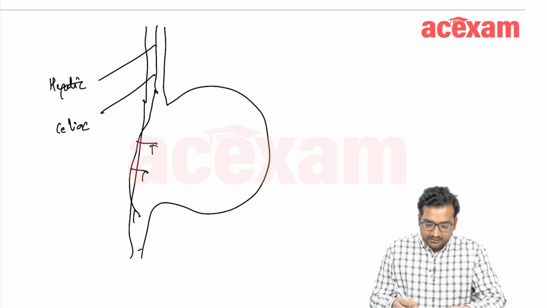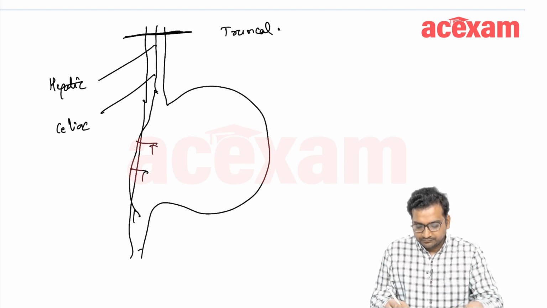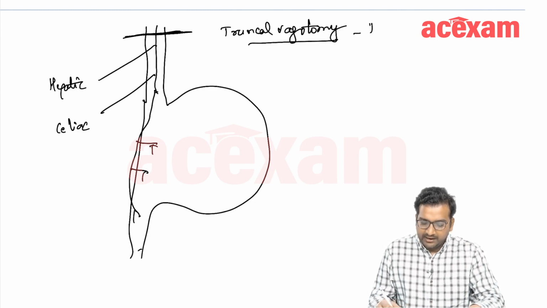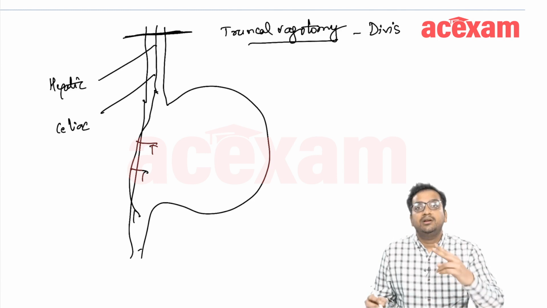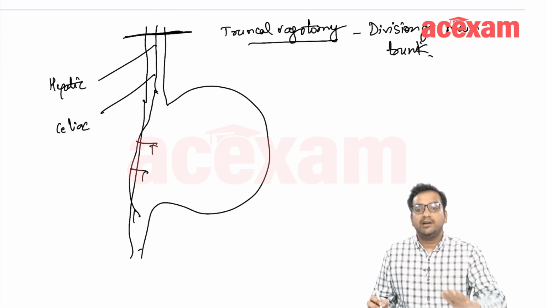If we divide the vagus at this level, then we call it a truncal vagotomy. Truncal vagotomy is division of the nerve trunk, the main trunk.